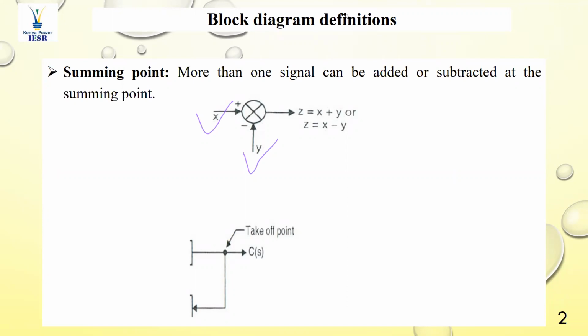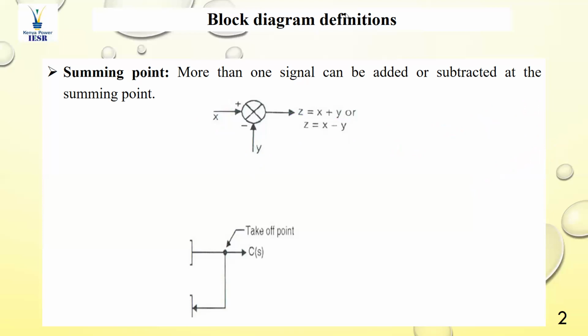The output can be Z equal to X plus Y, so we have added input X and input Y, or we can have Z equal to X minus Y, so we have subtracted input Y from input X. So a summing point has more than one signal, here signals X and Y, which can be added or subtracted at the summing point. We move on to the next definition.